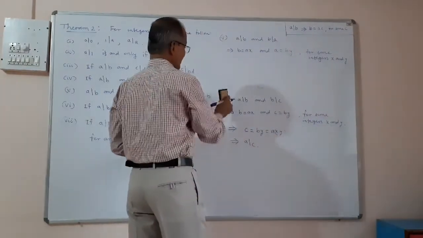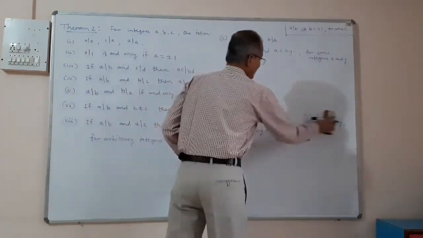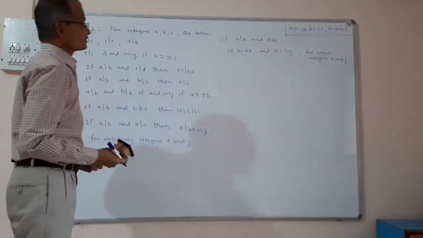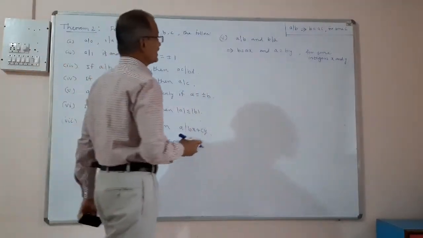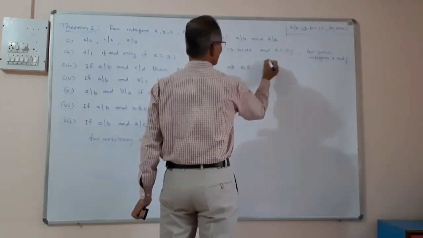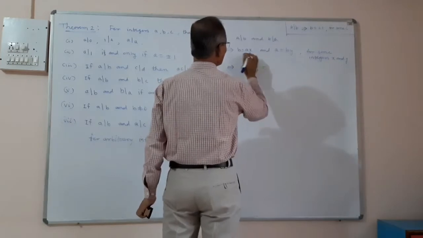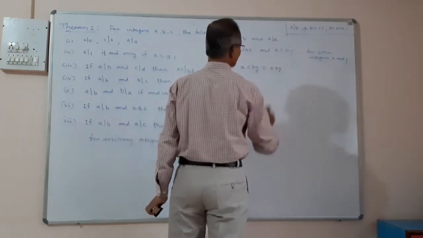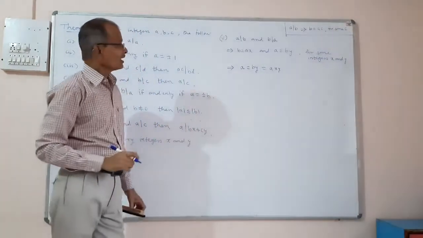And now you see, what we have to show is the relation between A and B. So we may write A is equal to BY, and again what is B? B is AX. So A is equal to AXY.